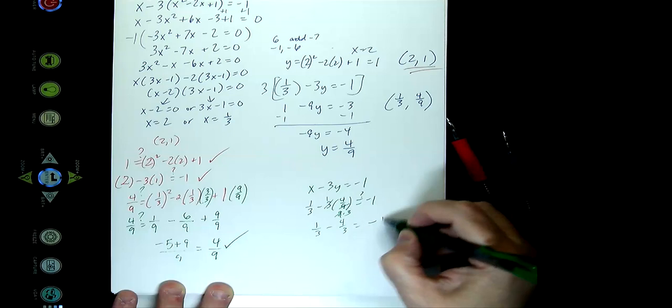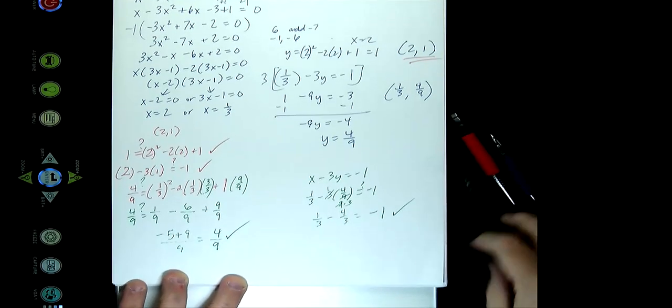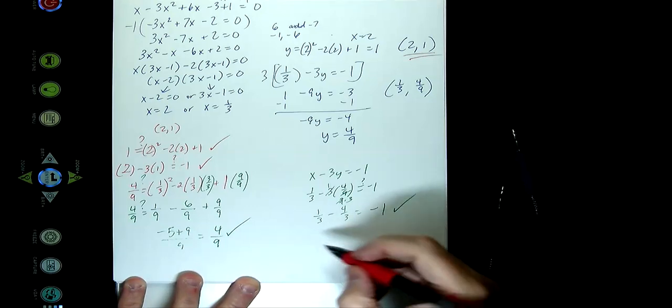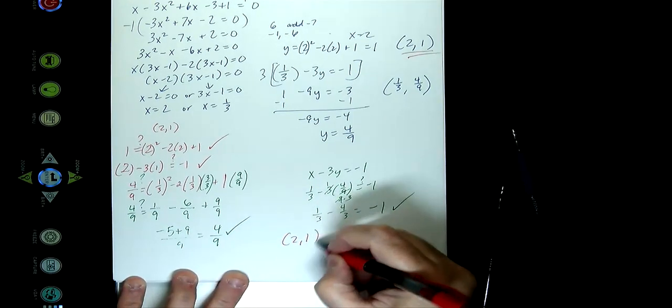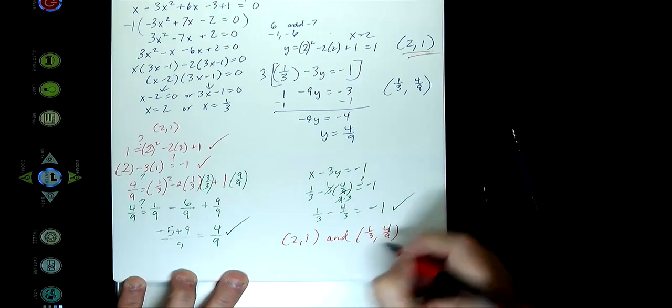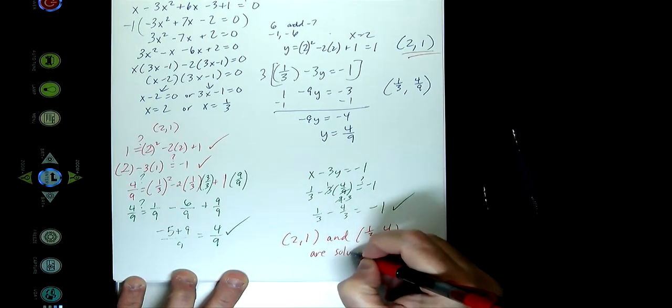And that does equal -1. So 2, 1, and 1/3, 4/9 are solutions.